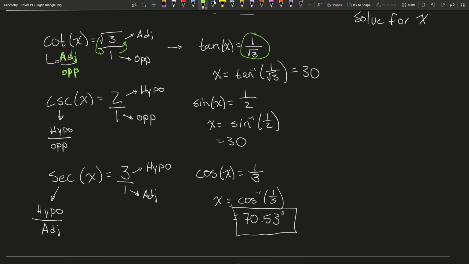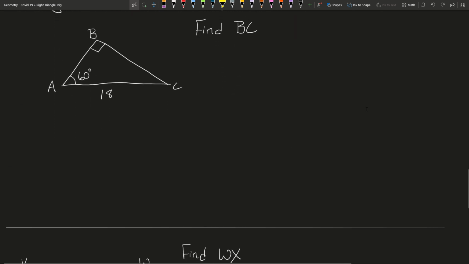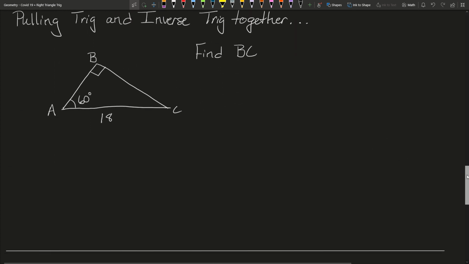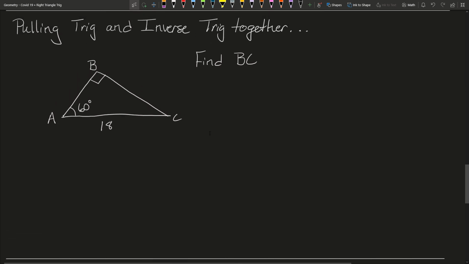Okay, there's one more problem I want to go over, and that's kind of putting all this together. We can call it here. This is the second part of your homework, pulling trig and inverse trig together.